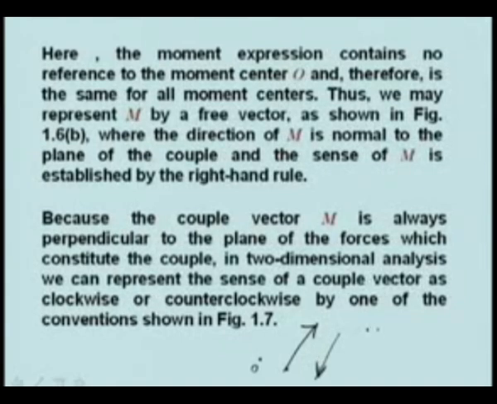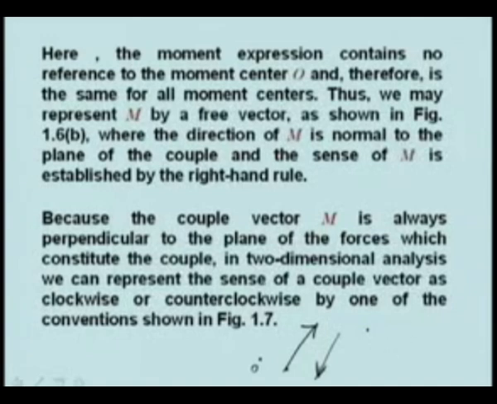Another point we take in this place, then also the moment is the same. So, it is a free vector. The direction of M is normal to the plane of the couple, and the sense of M is established by the right hand rule.